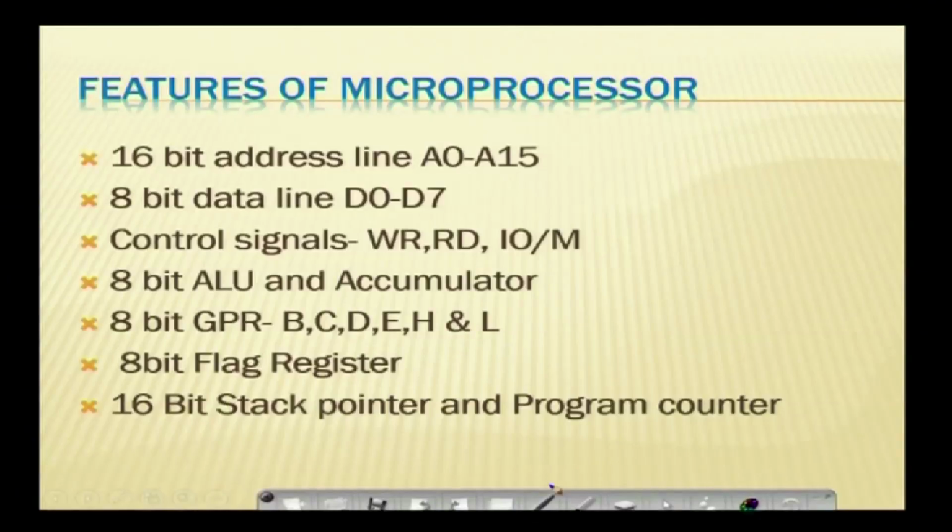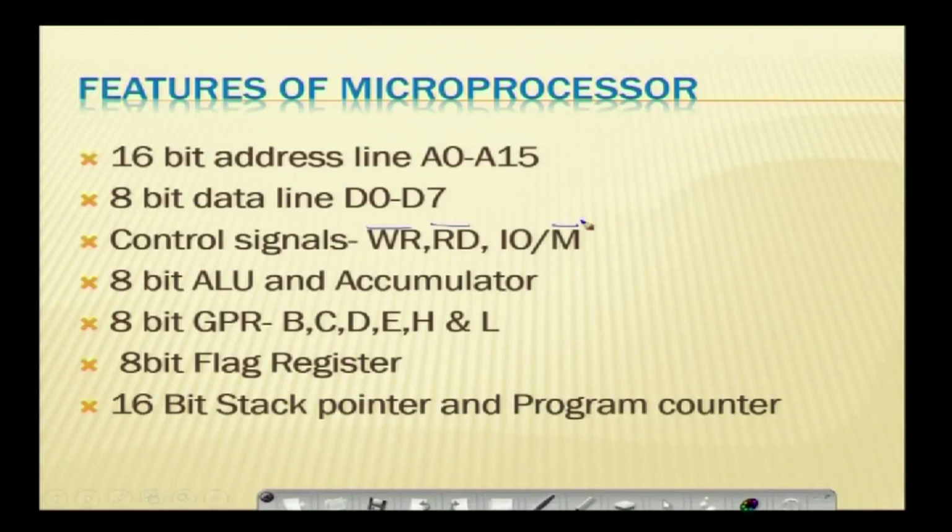There are 3 control signals in the 8085: read operation, write operation, and one to differentiate I/O and memory. These are the signals WR bar, RD bar and IO/M bar. The bar indicates these are active low signals. WR bar is used for write operations.